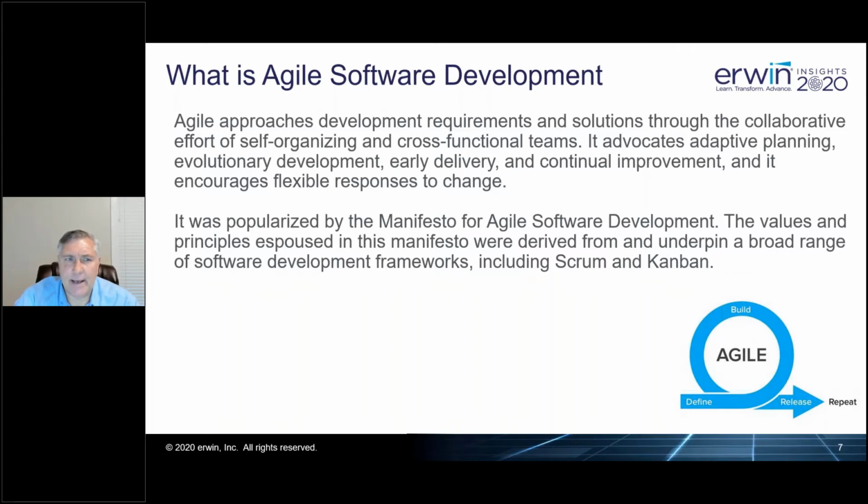One of the things about Agile development was that it was popularized by the Manifesto for Agile Software Development. The values and principles it espouses in this manifesto underpin a broad range of software development frameworks, which include Scrum and Kanban.